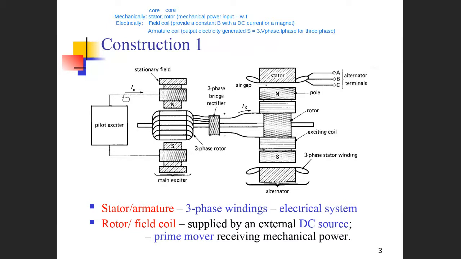So we apply a small DC current, say 1 ampere, and produce a magnetic field here, for example 1 Tesla.